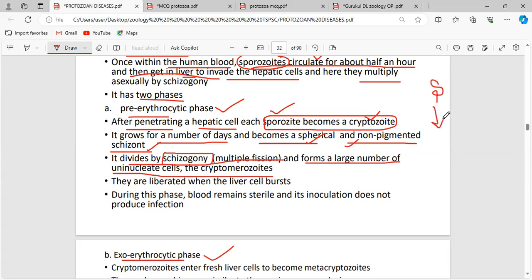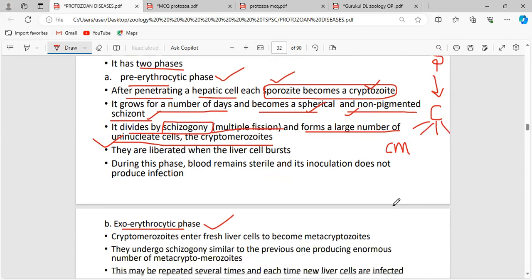After reaching the liver cell, it is converted into the cryptozoite, which is now ready to undergo the asexual reproduction called schizogony. In this process, the cryptozoite divides into multiple cells that possess a single nucleus, called cryptomerozoites.